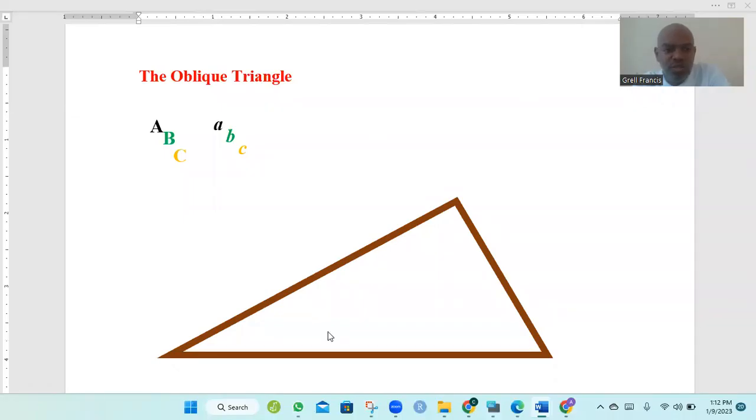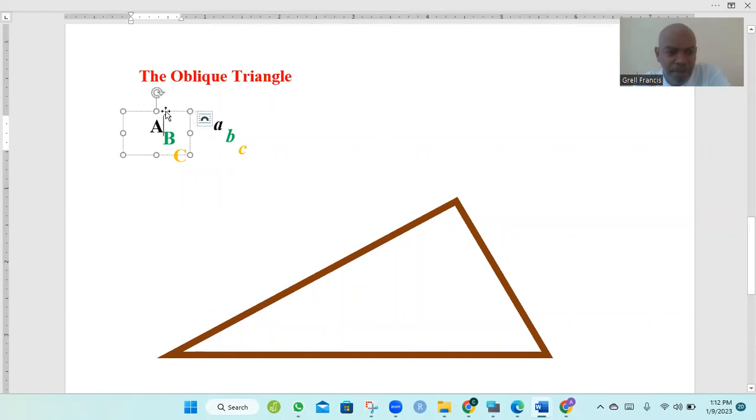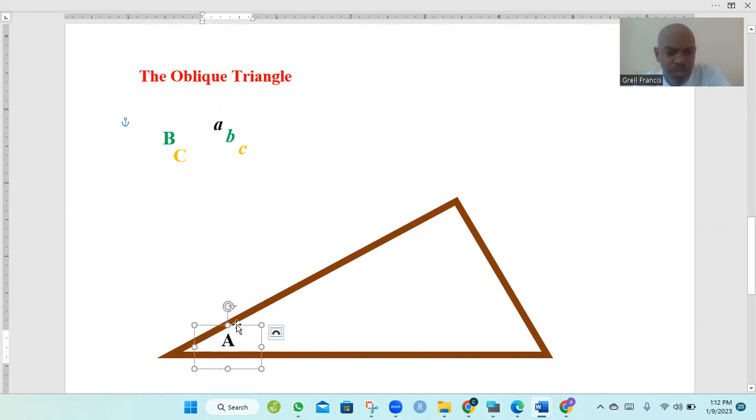Right, so let's start with this angle here. Let's call this angle A. If this is angle A, the rule is that the side that is opposite to that angle will carry the lowercase letter.